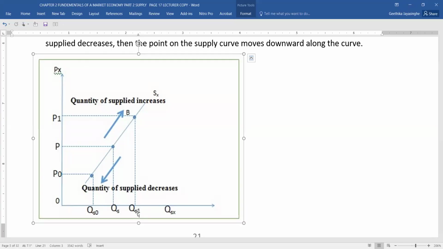Contraction means reduction, extension means the increase. You may draw that in page number 20 bottom. There is no need for a scale because there are no numbers here.